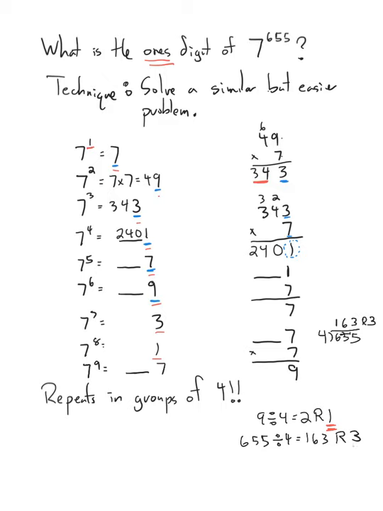And if we look here, we have a remainder of 3. So that's going to have the ones digit of 7 to the 3. So I know 7 to the 655 has a ones digit of 3.